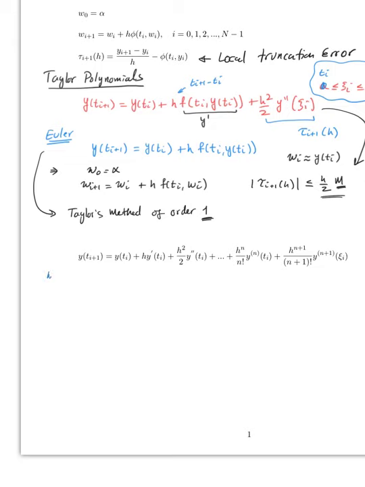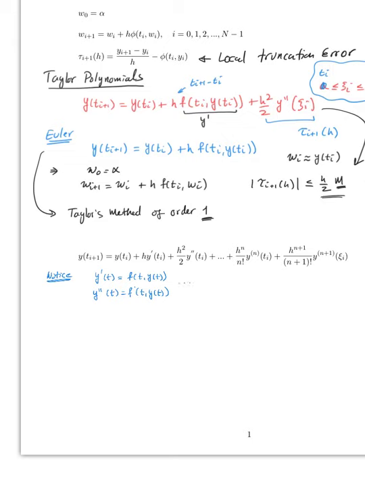Now notice, and we have used this before, we use this for Euler's method. Notice that y prime of t is just the same thing as f of t, y of t, so that's in fact the definition of the derivative. Y double prime of t is equal to f prime of t, y of t.